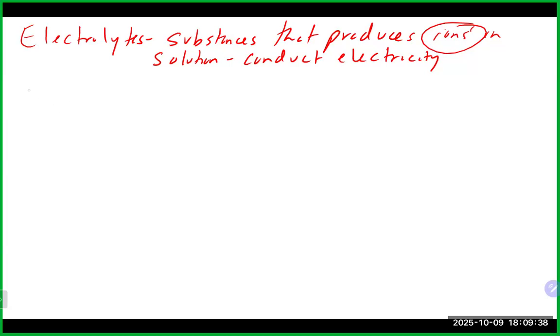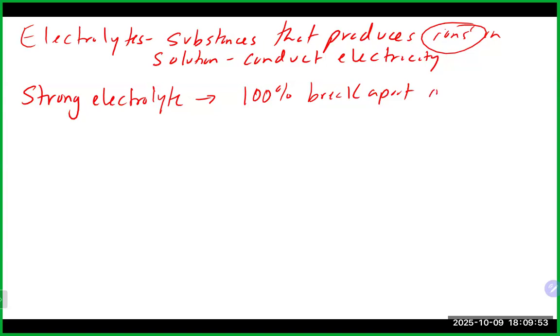So let's start with strong electrolytes. Strong electrolytes are things that, when they go for a swim, will 100% break apart into ions. Now, most ionic substances are strong electrolytes. If you had a sodium chloride solution, in that solution you would have Na+ and Cl-.